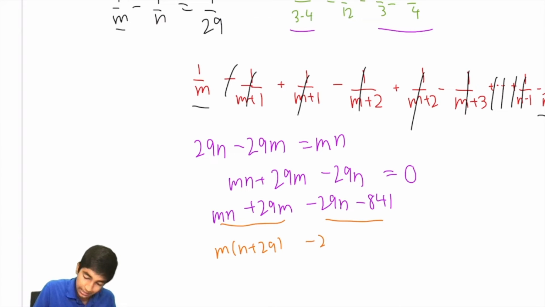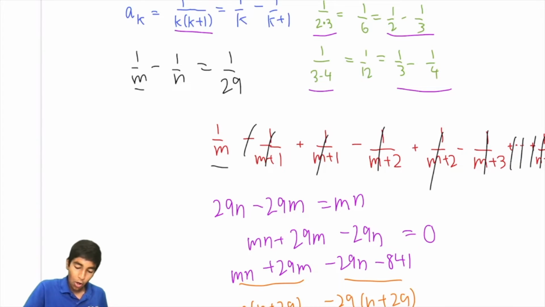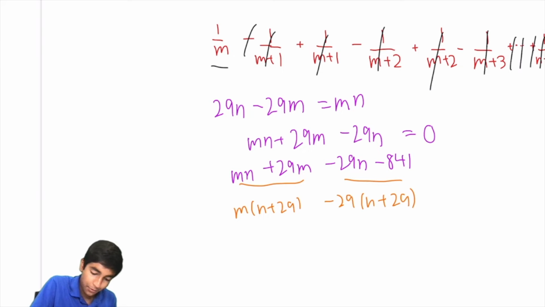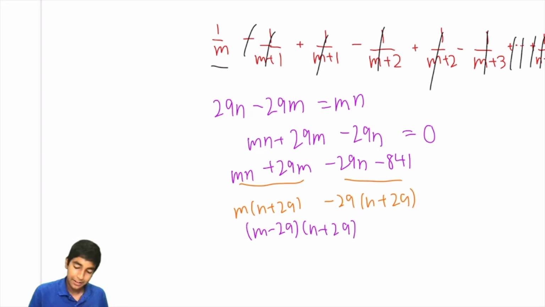So negative 29 times n plus 29. So from here, all we do is we group them together, and we're left with m minus 29 times n plus 29. And this is negative 841 because, remember, we subtracted that from both sides over in this step over here.